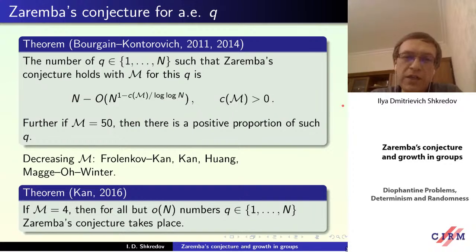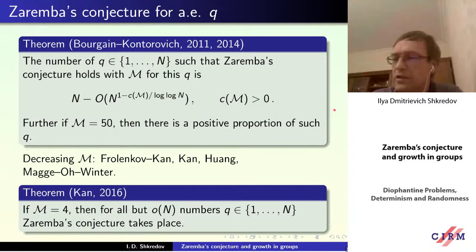And they showed that for almost all Q, the Zaremba conjecture takes place. Moreover, it holds for Q such that the number of such Q is greater than N minus this very small error term.